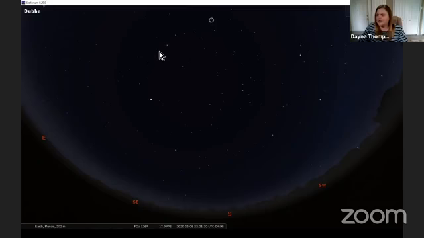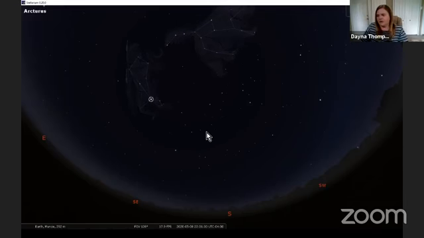Well, there's a helpful hint to help you remember what it leads to. So this curved handle here, it's kind of like an arc, and you can follow the arc to the star down here, Arcturus. So arc to Arcturus, you just follow the arc or the curve of the handle of the Big Dipper to find Arcturus, which is in the constellation of Bootes, the herdsman.